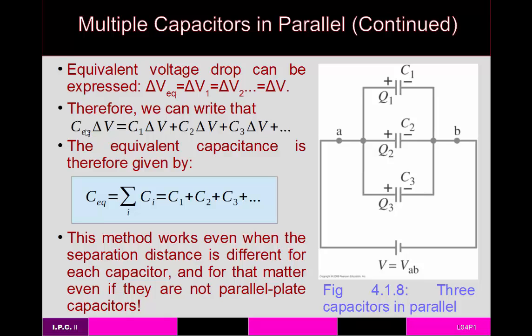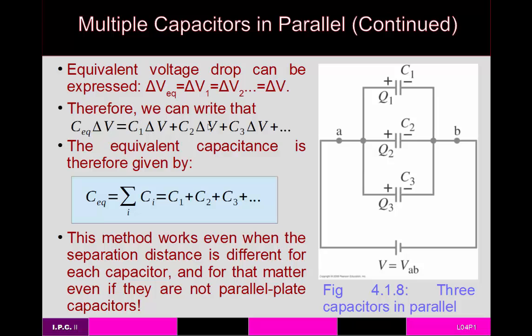So therefore, we're able to write that the charge stored on the equivalent capacitor, which is C equivalent delta V, has to be equal to the charge on the first plus the charge on the second plus the charge on the third. And since all the voltages are the same, we'll just use delta V for all of them.